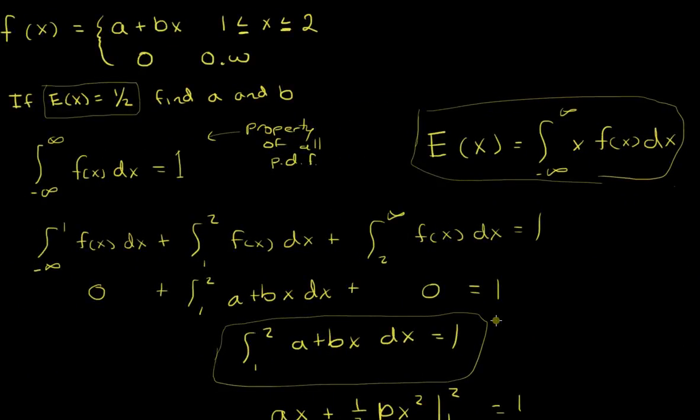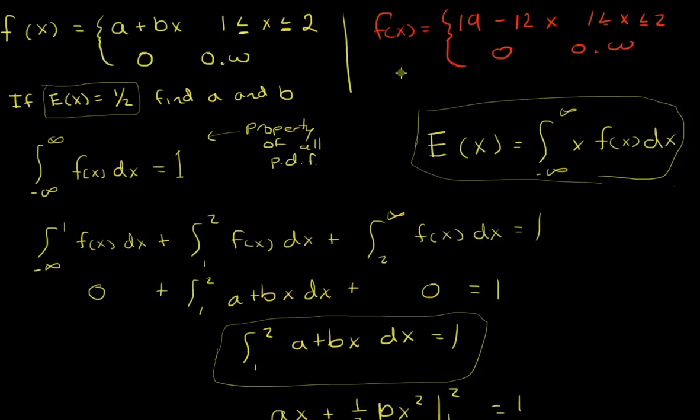So I would go over here, and my answer, the function should be f of x equals 19 minus 12x when x is between 1 and 2, 0 otherwise.